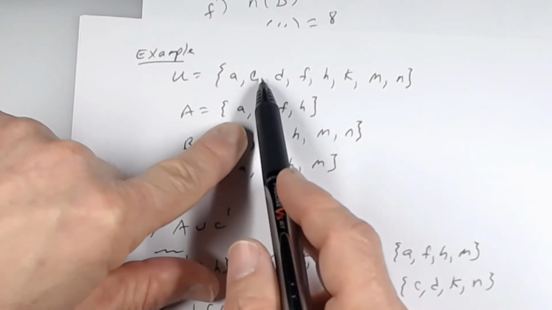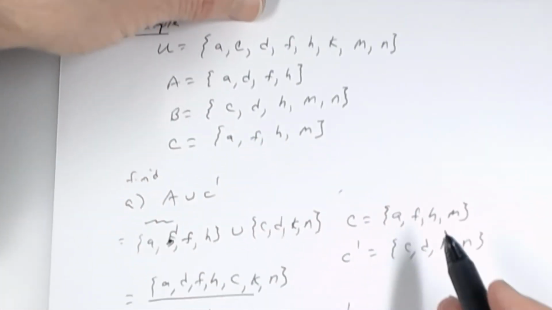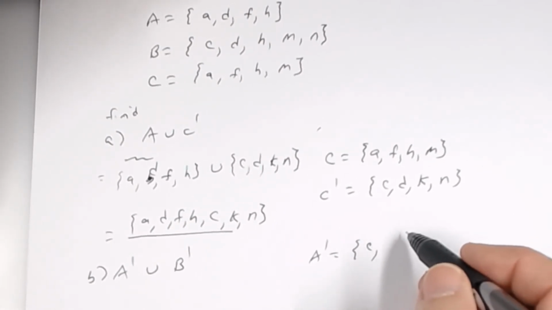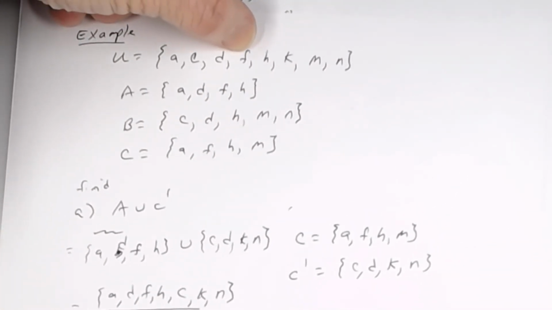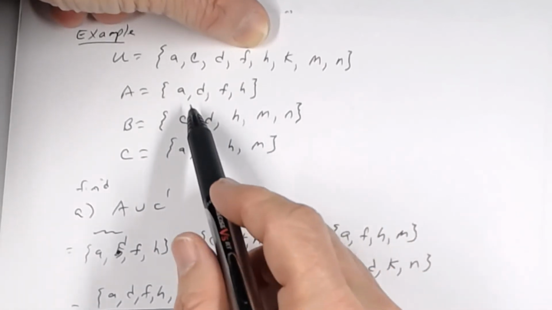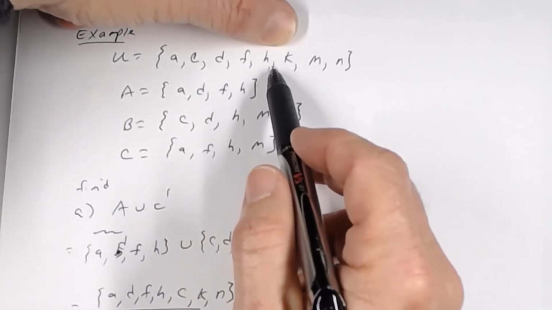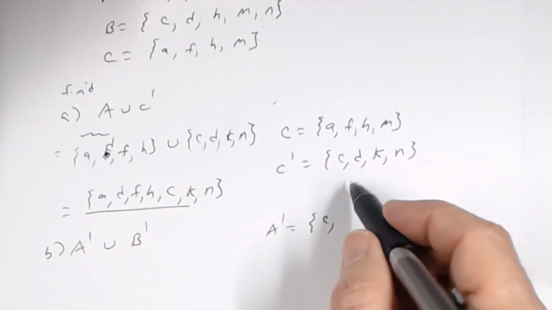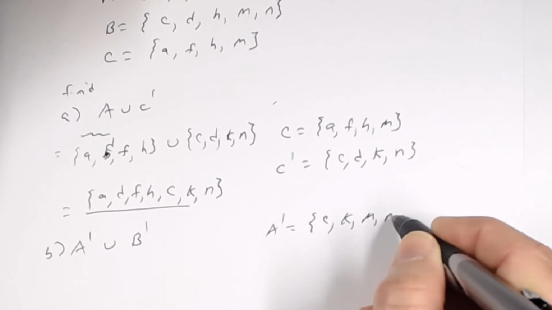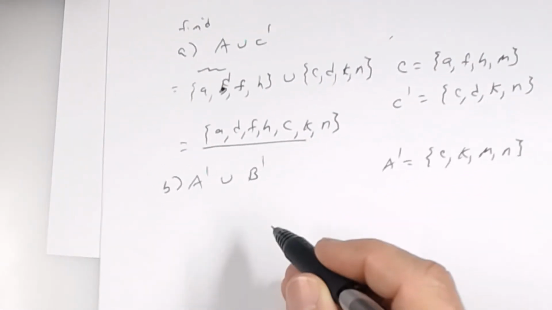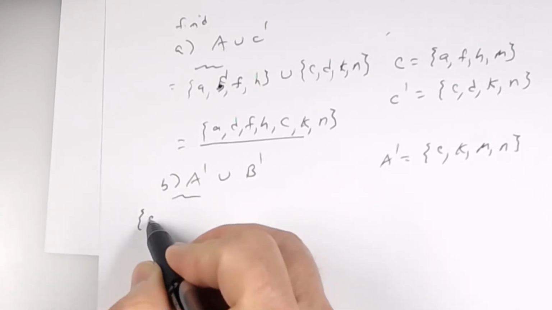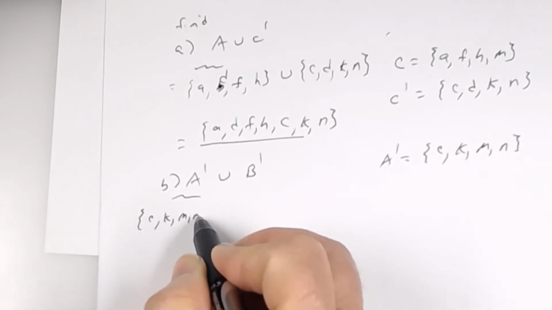No. Can I use C? Yes. So it would include C. D, yes or no? No. F, yes or no? Nope. H, yes or no? No, because it's already in here, right? But I can use everything else. K, M, and N. So that is A complement. So put that here. So C, K, M, and N.